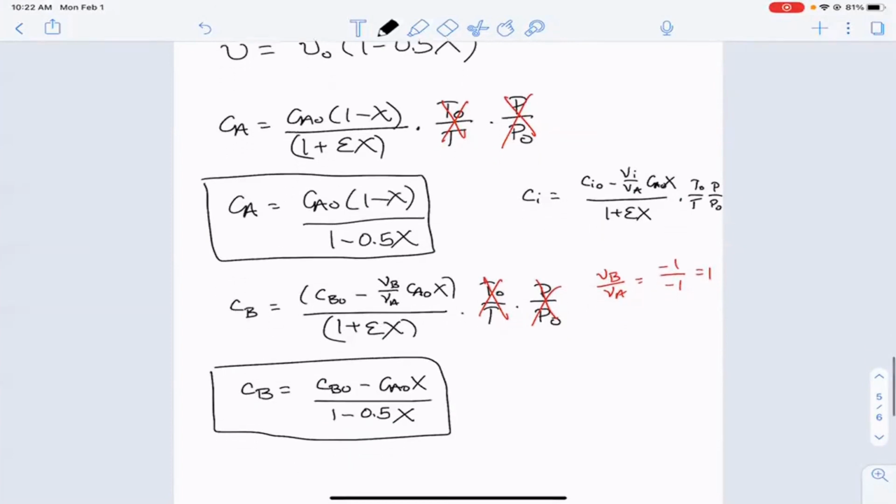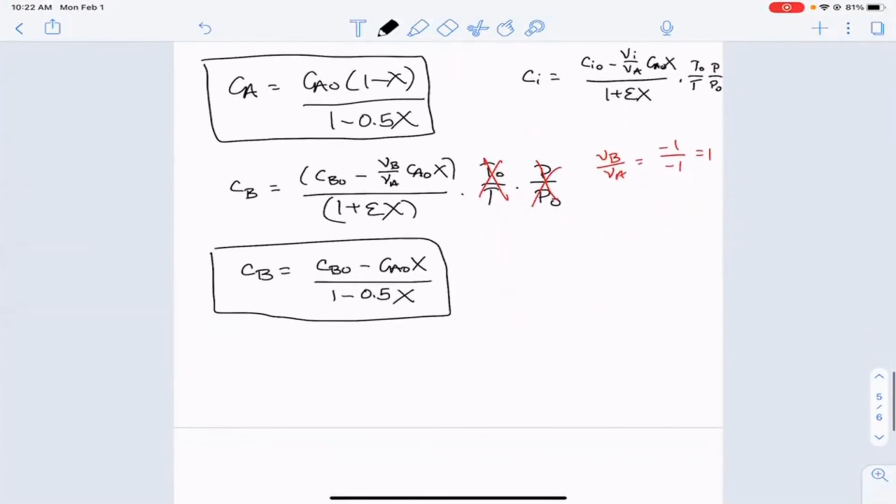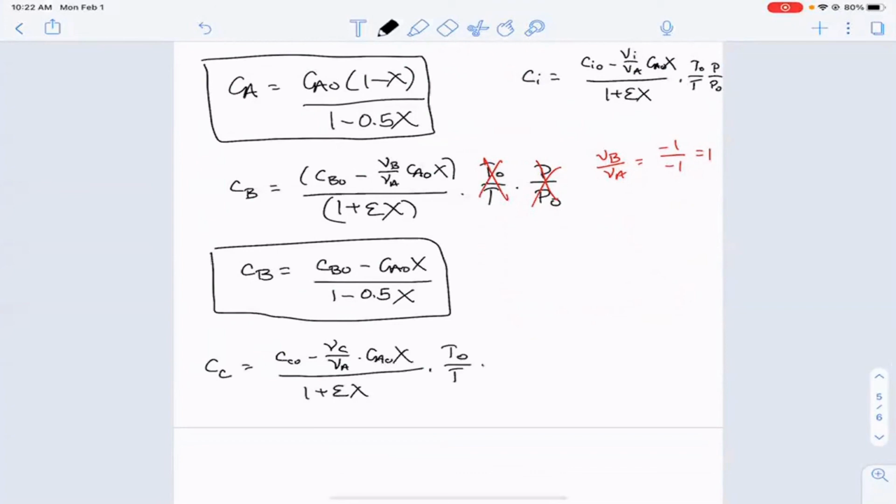And lastly, let's apply that equation to C. Cc would equal Cc0 minus the stoichiometric coefficient for C over A times Ca0 times x over 1 plus epsilon x times T0 over T times P over P0. And again, those go away. Now in this case, the stoichiometric coefficient of C over A is equal to 1 over -1, so that's -1.